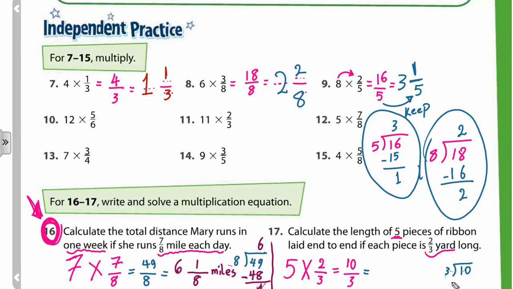It's going to be 3. 3 times 3 equals 9. So minus 9, and it's going to be 1, and it's 3 and 1/3. So here we have the whole 3 and 1/3 yards. Thank you, Yusuf. Great work.